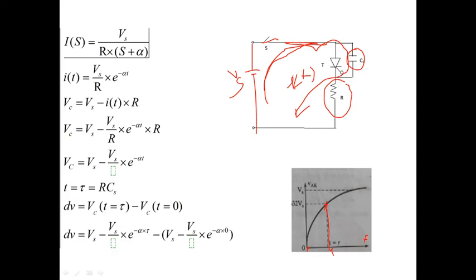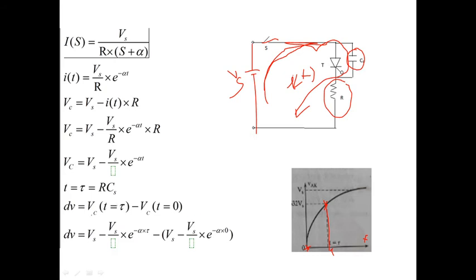What are we doing here? When t takes the value of tau, what is the capacitor voltage? This capacitor voltage is this, so we are calculating that. So what is dV? The voltage of the capacitor when t is equal to tau minus the voltage of the capacitor when t is equal to 0.